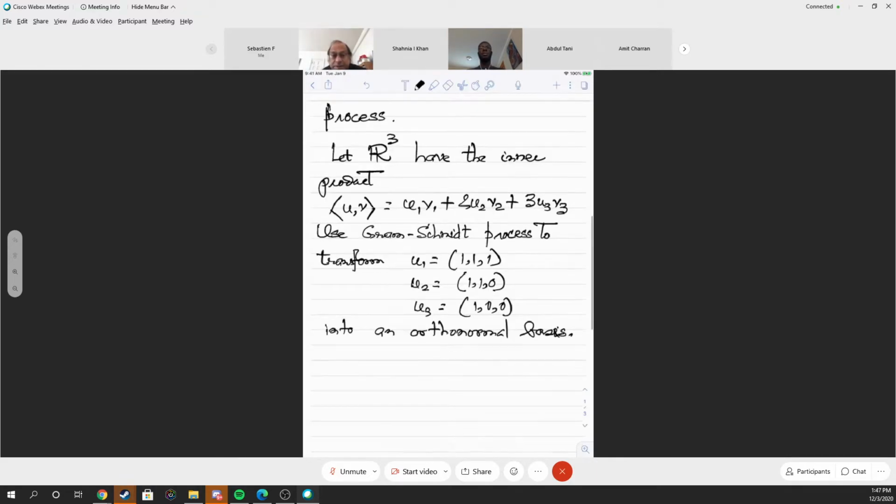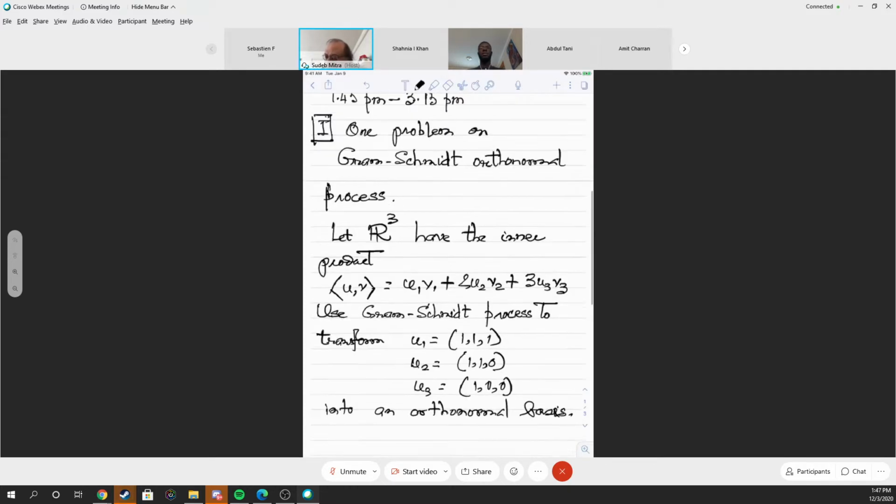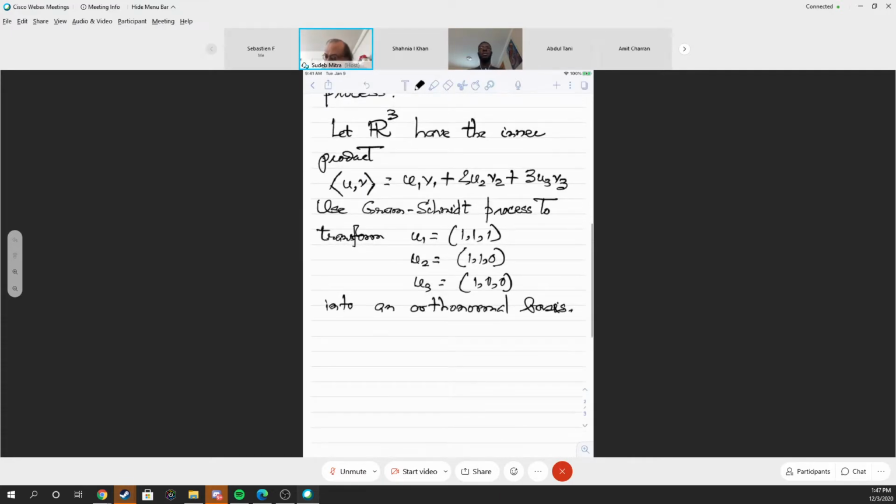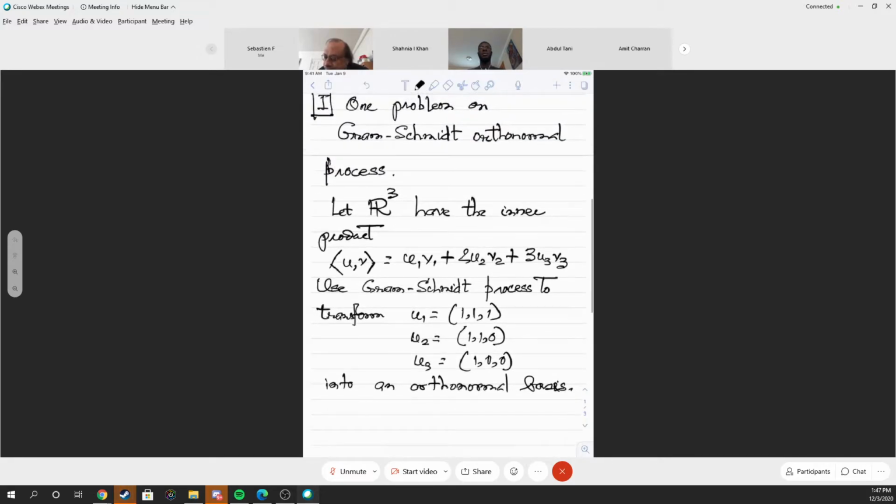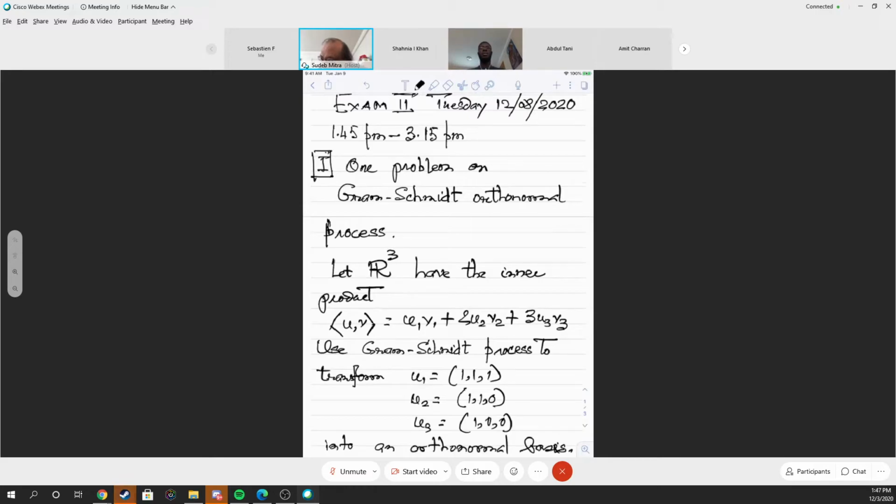Okay, so let's start. Remember, R3 means what? A vector is given like this: U1, U2, U3, and V is V1, V2, V3.